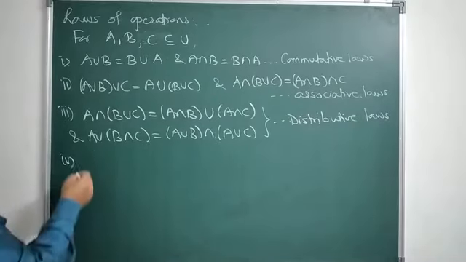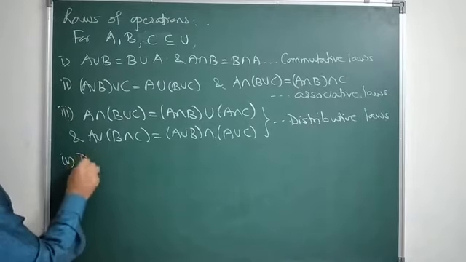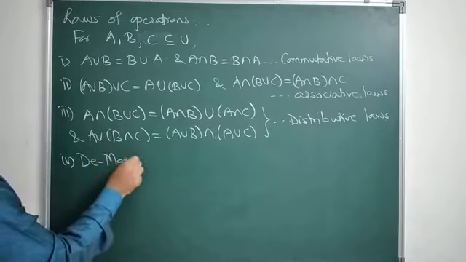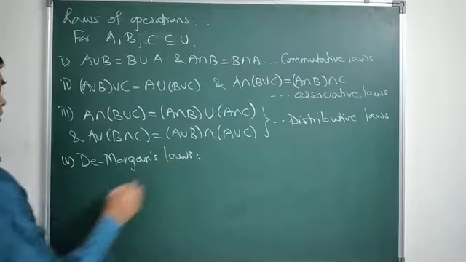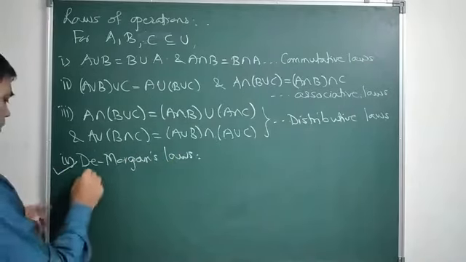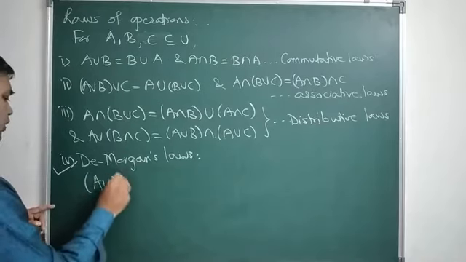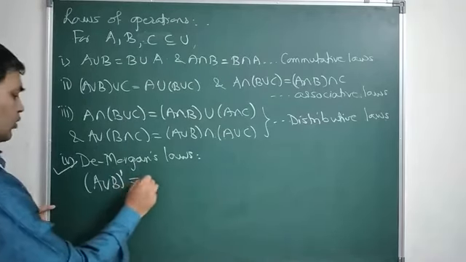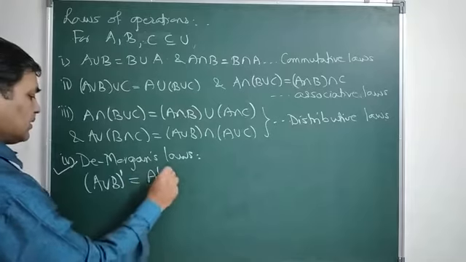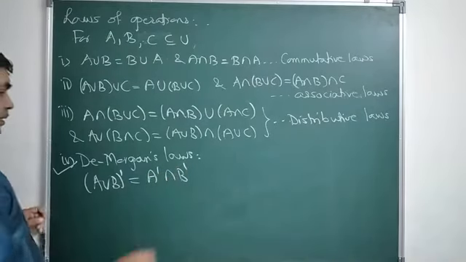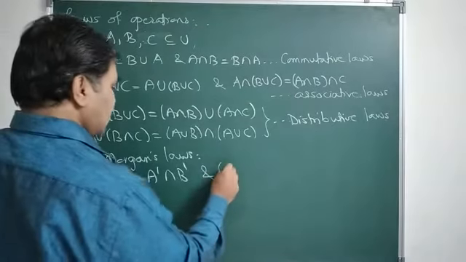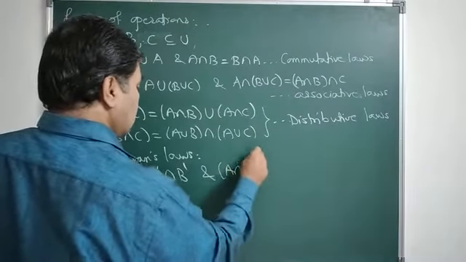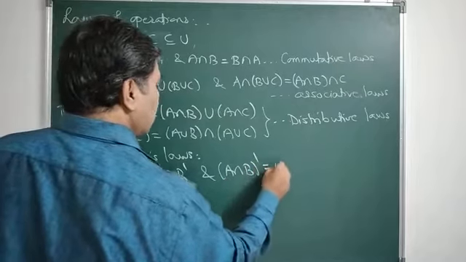Fourth law, De Morgan's laws. These are very important, and already studied. The complement of the union of two sets is equal to the intersection of their complements, and the complement of the intersection of two sets is equal to the union of their complements.